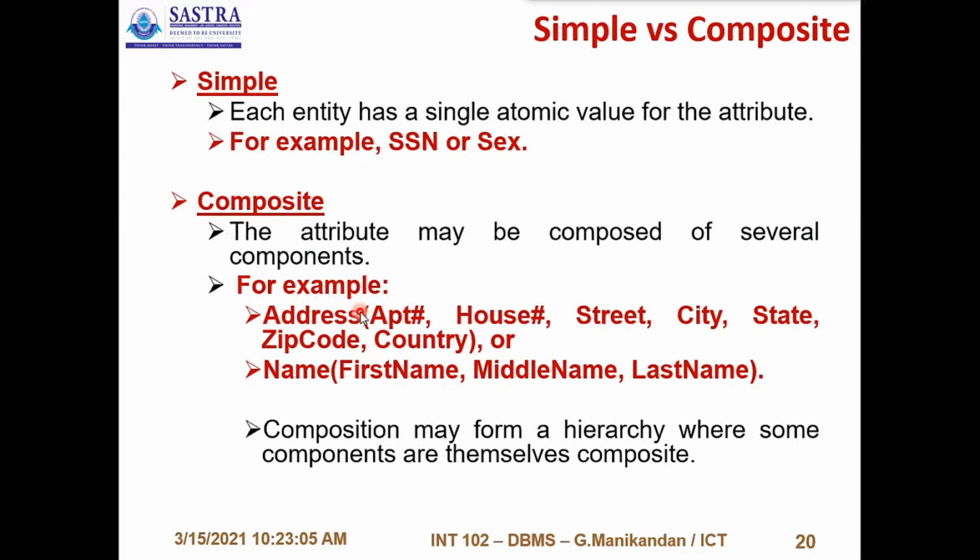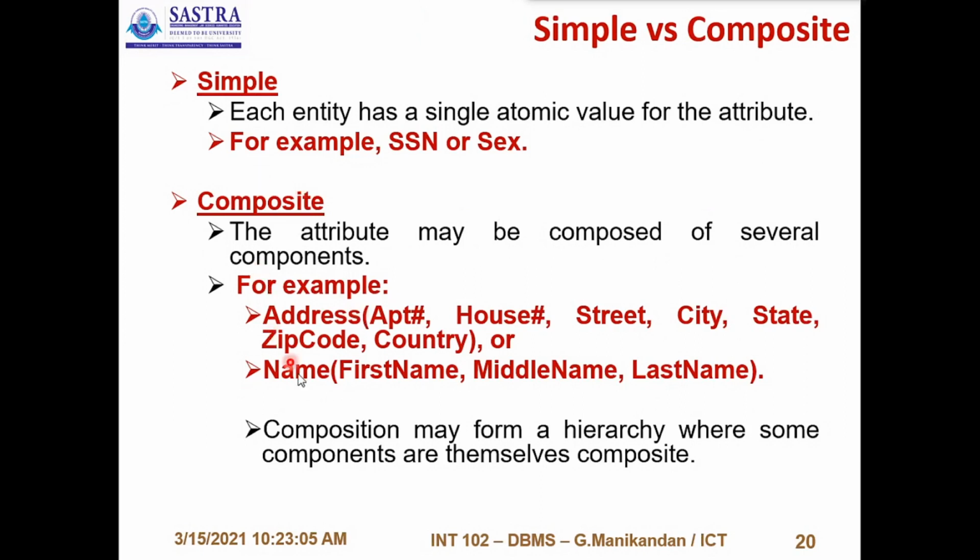See, everything depends on your problem statement. As part of address, if I am going to store only city, then it is a simple attribute. You can see, depending upon the value you are going to store in that attribute, I can model the same attribute as a simple attribute or composite attribute.